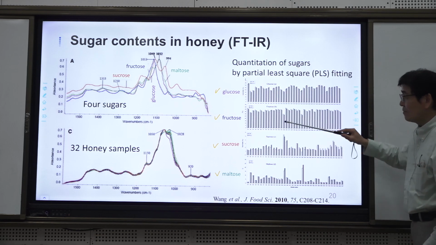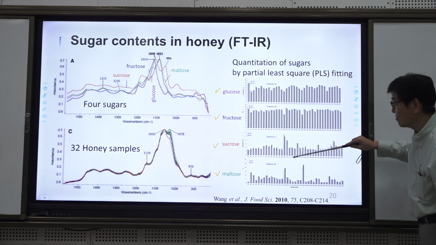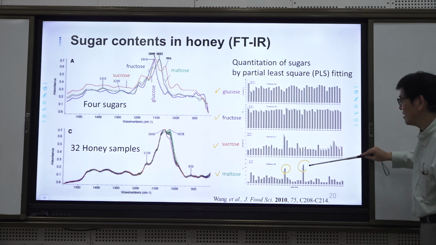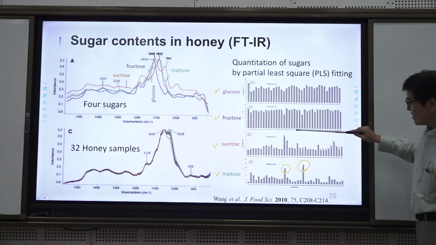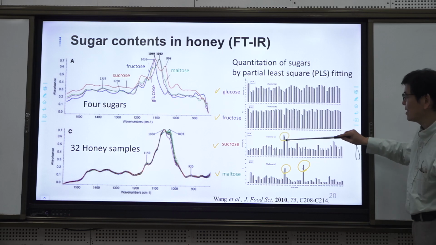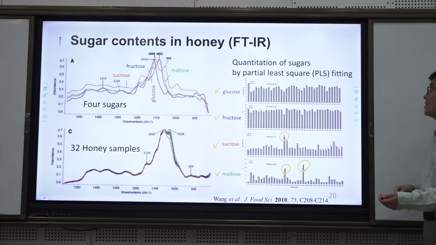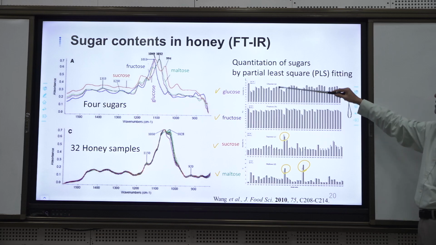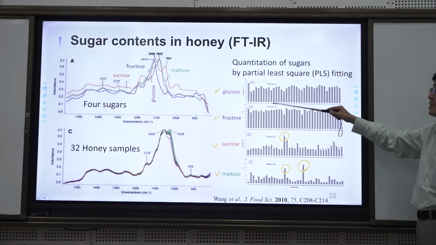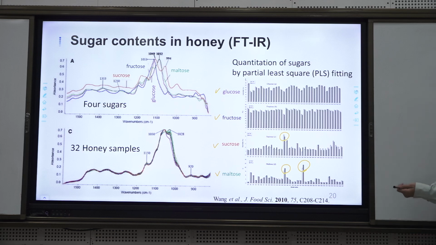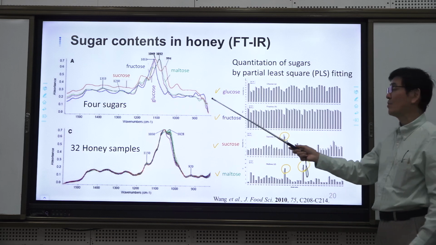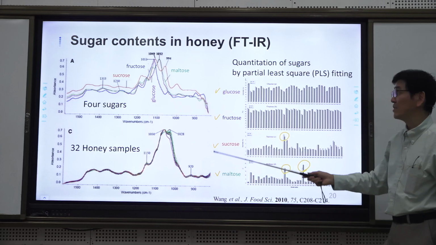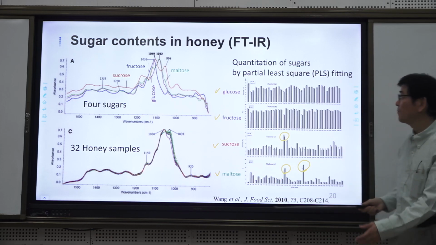But anyway, by using this method, we find the content of maltose is high in some cases. Content of sucrose is high in some cases, and fructose and glucose are largely contained in every case. So this is an example of the quantitative analysis of multiple sugars using vibrational spectroscopy.